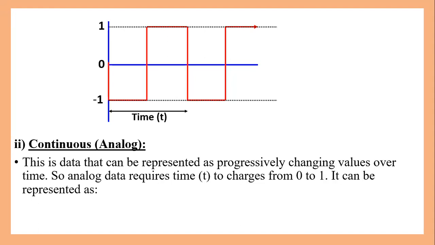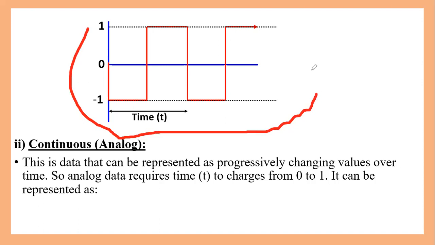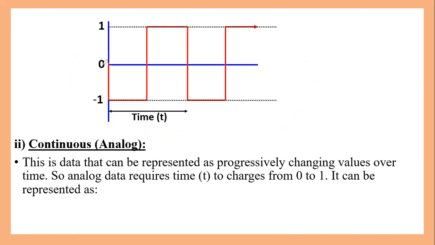Therefore, with this type of graph, you can tell which type of data it is. This represents what we are calling discrete data, which is either a 0 or a 1, on either the positive or the negative side.